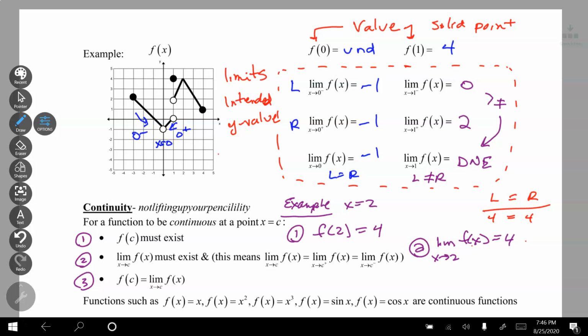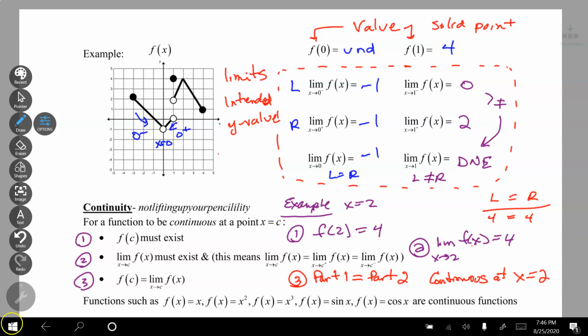So together they equal 4. And then finally, part 1 does equal part 2. So this graph is continuous at x equals 2. It's not continuous for the whole thing, but at x equals 2, it is continuous.